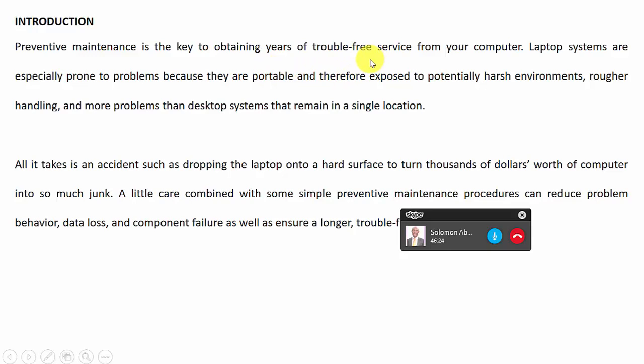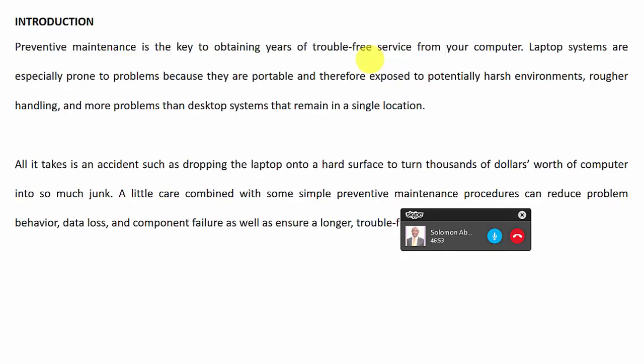Yes, sir. So, what I mean here is that we need preventive maintenance in order to take adequate care of the laptop so that we can be able to use it appropriately to carry out different missions that we ought to do.